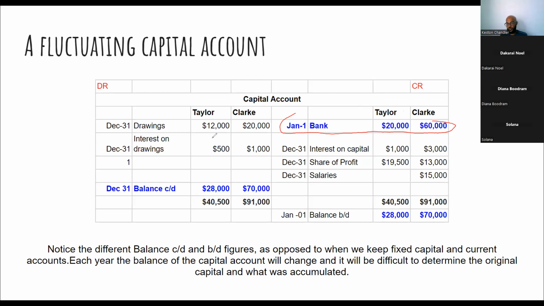So even though in our last example, he took out this money and his earnings probably wasn't enough, this extra $20,000 that we put in there would guarantee that you end up with a balance on the credit side, so long as you don't withdraw more than the capital you put in. So the balance brought down figures are much different when we do the fluctuating capital account.